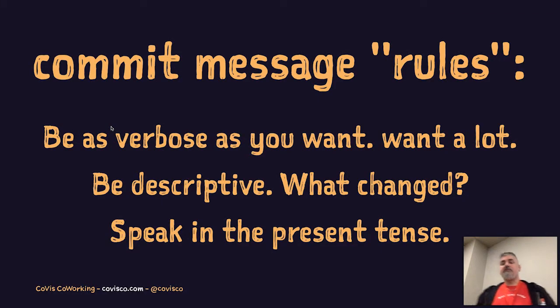Now there are some rules. They're not going to break anything if you violate them, but they're just kind of the common standard that people use. Be as verbose as you want, but don't just say something changed. Just try to be descriptive. You want someone to look at this and know what's in it without having to dig too much, because when you get a lot of these messages, it could get a little cumbersome. And you want to speak in the present tense.